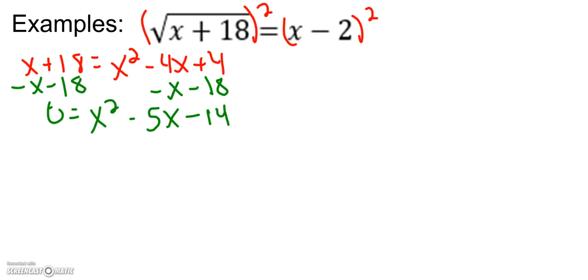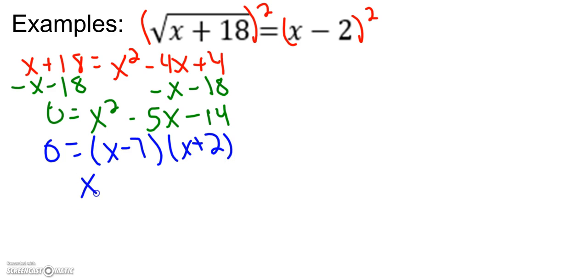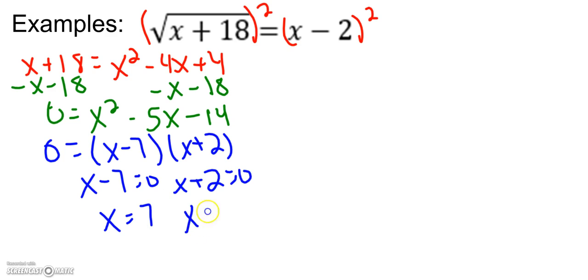And factors of negative 14 that sum to negative 5 are negative 7 and positive 2. So 0 equals x minus 7 times x plus 2. Set each equal to 0. So x equals 7 and x equals -2.